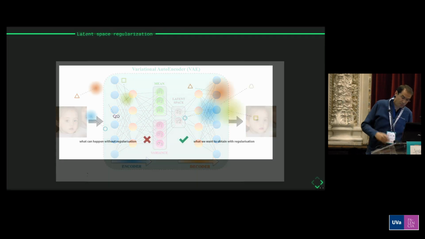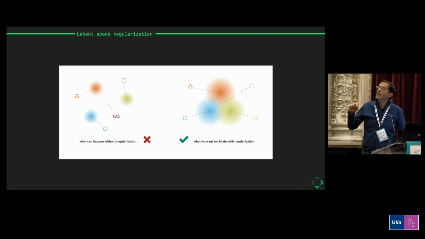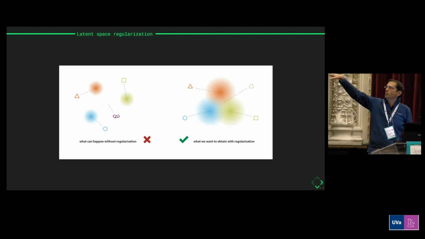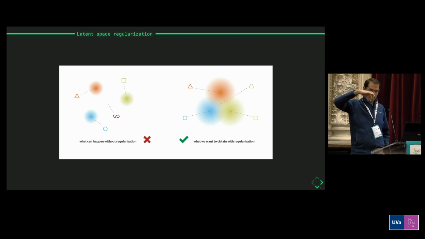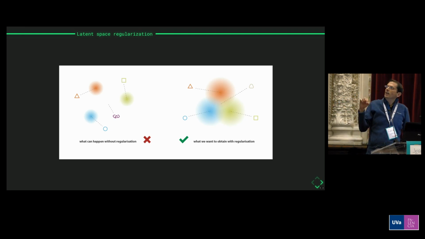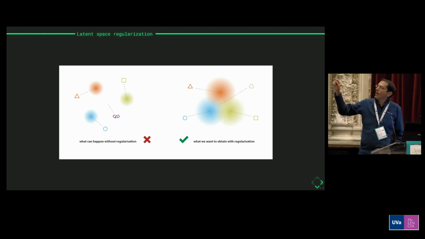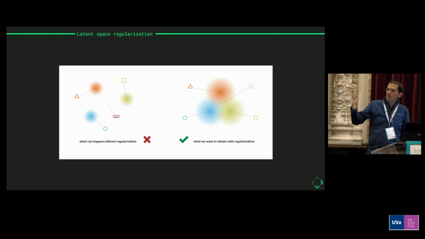The reason people introduce that random variability is that when you look at that latent space, here represented as if it had 2 dimensions, you don't want each image, an image of a triangle, of a circle, and of a square, to be just on their own, infinitesimally small spots in that space. You want a continuous space where the distributions for each of these images overlap, so you can move around continuously and not have gaps in that hidden layer, that latent space, where there is actually no information stored.